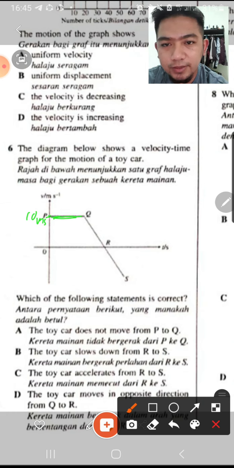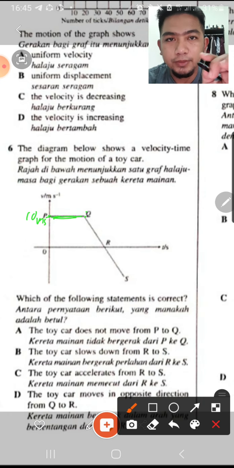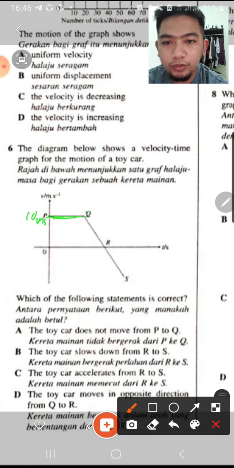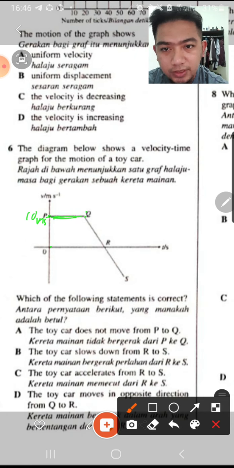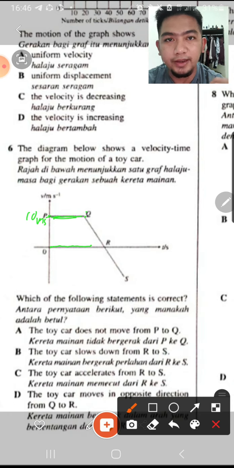So from P to Q it is 10 meters per second the whole way. It means uniform velocity, not that it does not move. If the toy car does not move from P to Q, then P to Q must be here, meaning the velocity is 0. That is when it would refer to answer A.